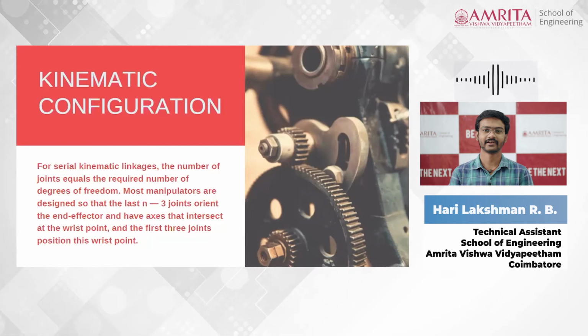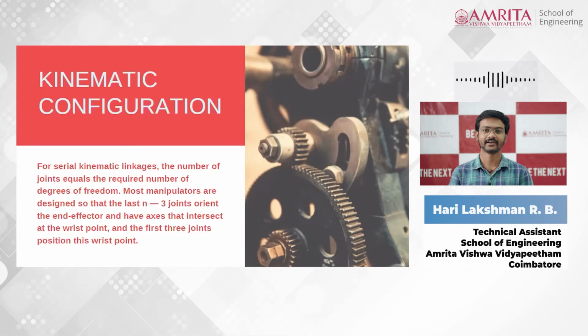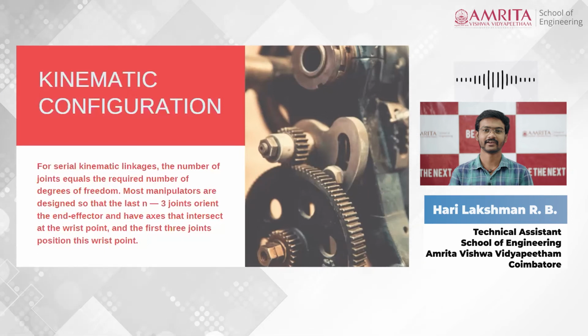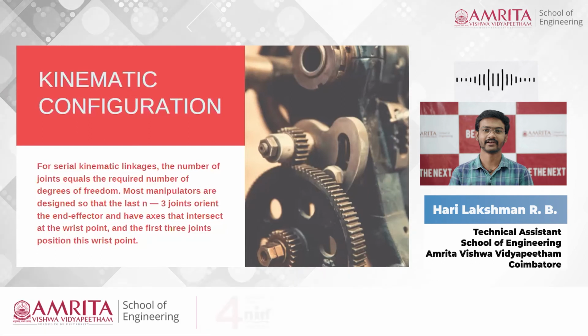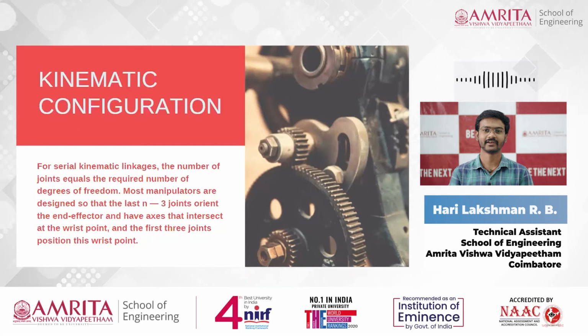The positioning structure is almost without exception designed to be kinematically simple. It will have link twists equal to 0 or 90 degrees, and many of the link lengths and offsets equal to 0.